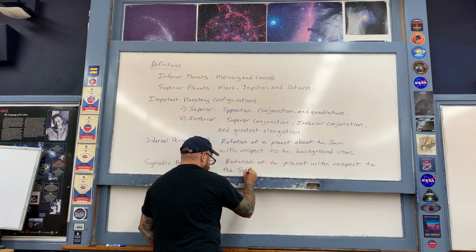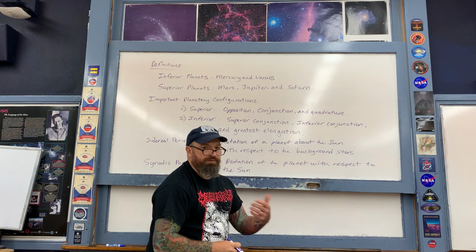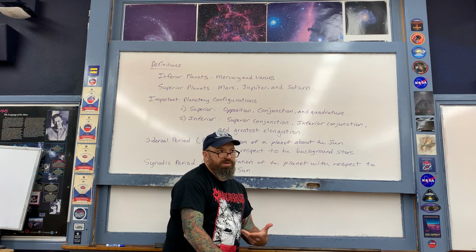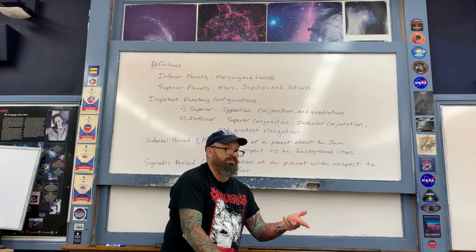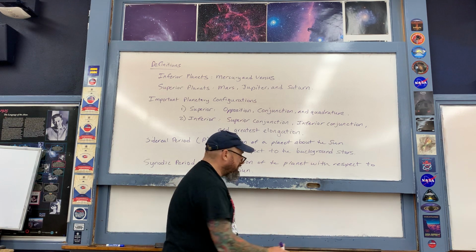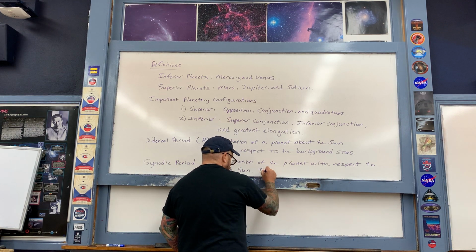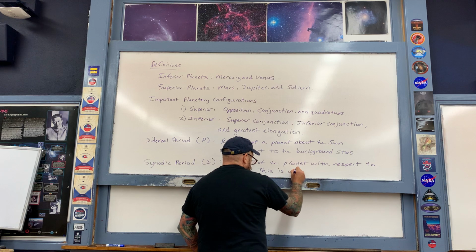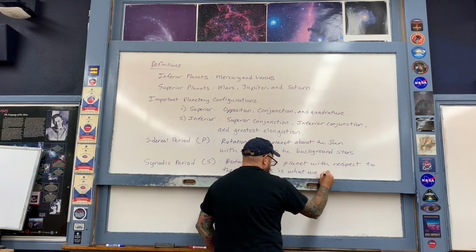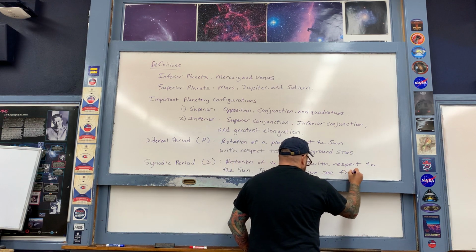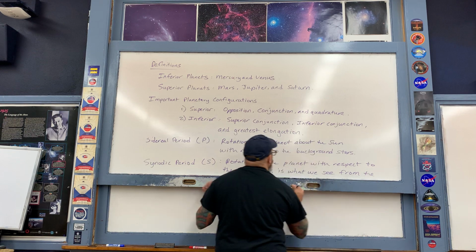As you'll see in just a few moments, this is what we see from our vantage point on a moving platform on the orbiting Earth. This is what we see from the Earth.